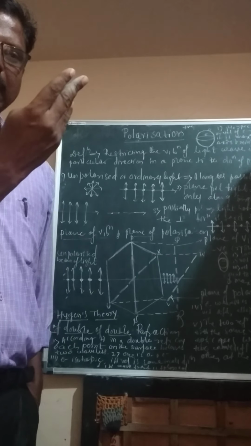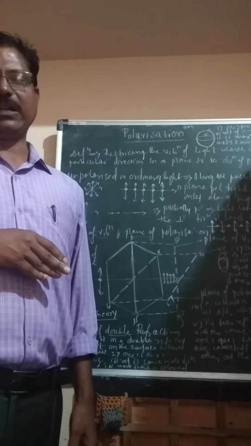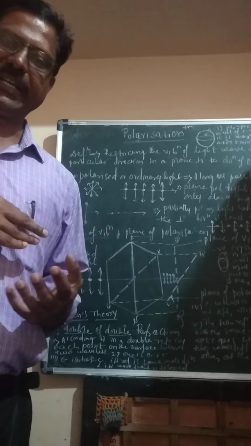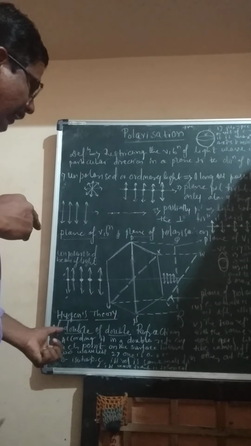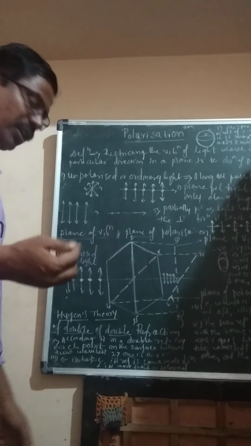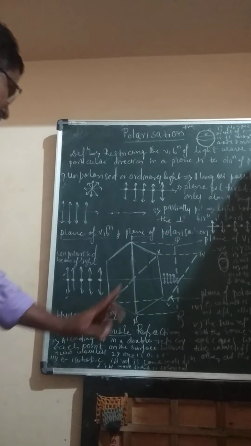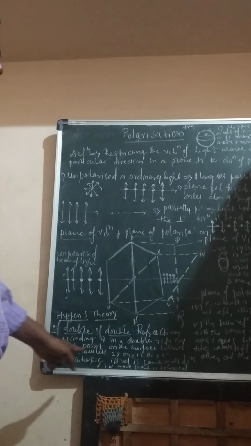What facts did he observe in double refraction on the basis of secondary wavelets? According to him, in double refracting crystals, each point on the surface of the crystal behaves as two wavelets.